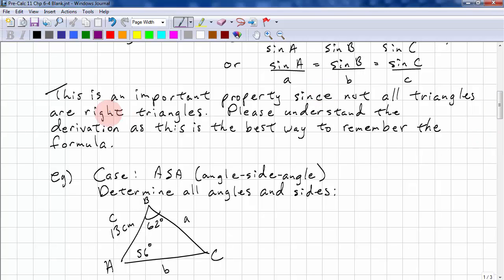It's important to note that not all triangles have right angles. The reason we have two formulas is we want to put the unknown in the numerator. It just makes it easier to solve.